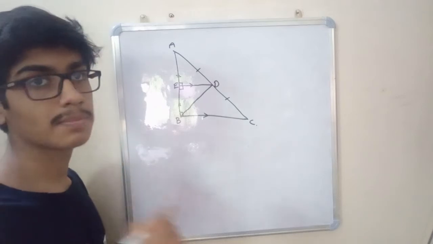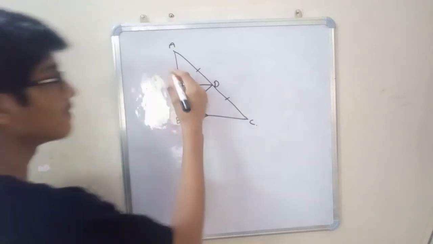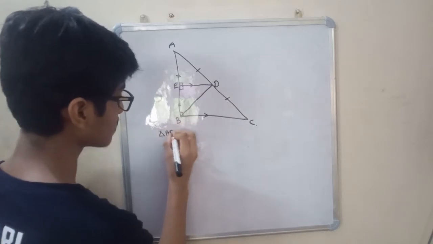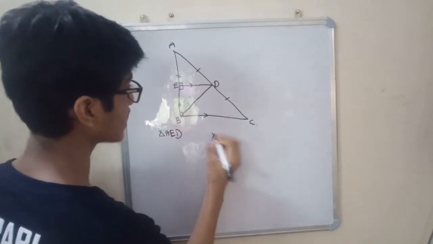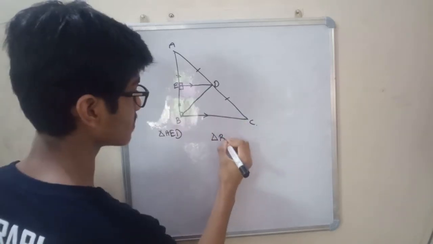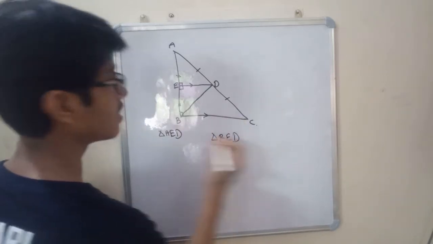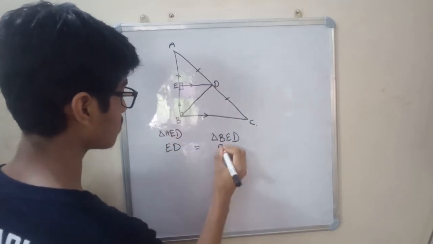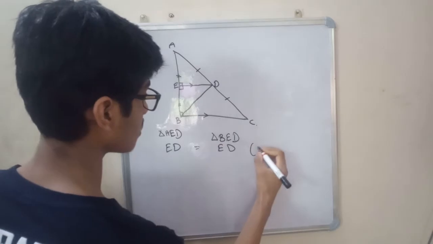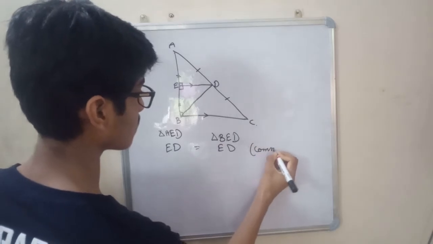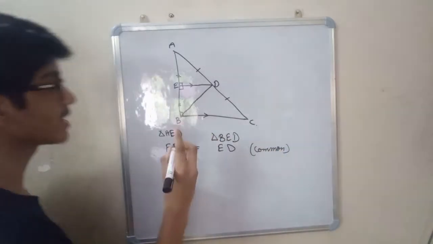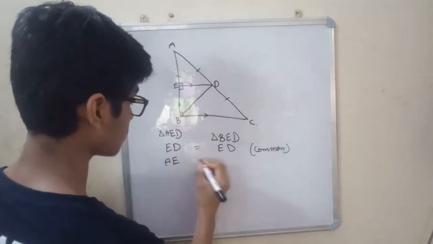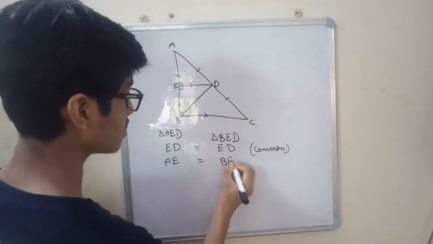We have to take a bit of help of congruency once again. We'll consider the triangle AED and triangle BED. First thing, ED is equal to ED, as it is common to both. Second thing, AE is equal to BE, as we proved it.